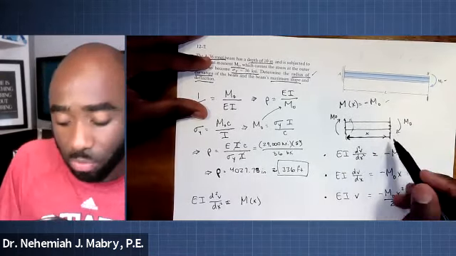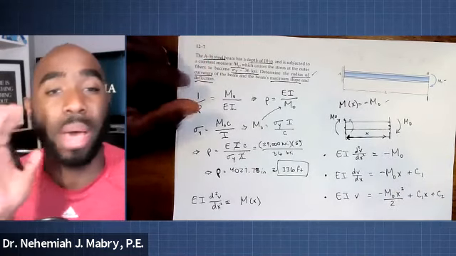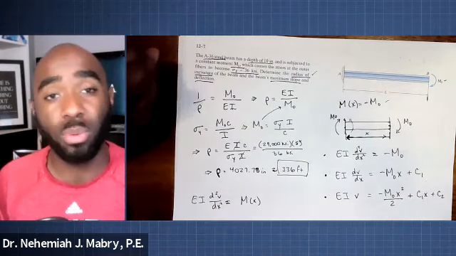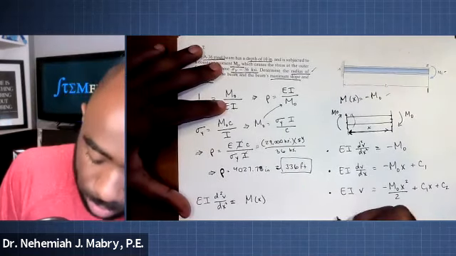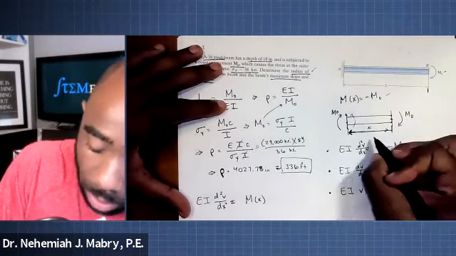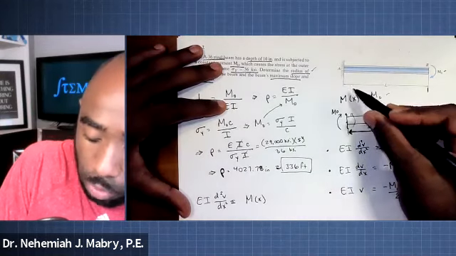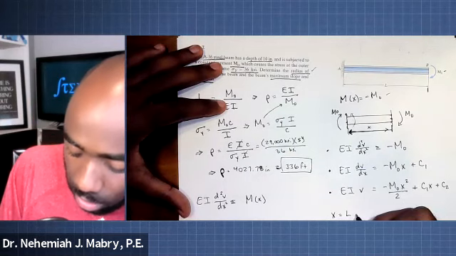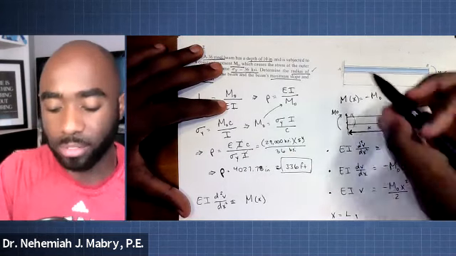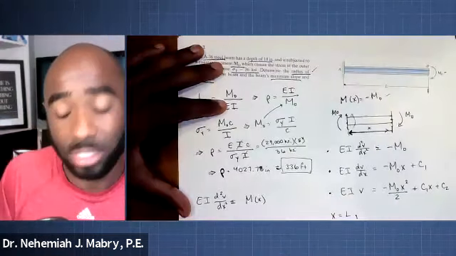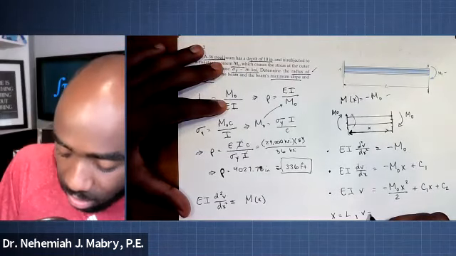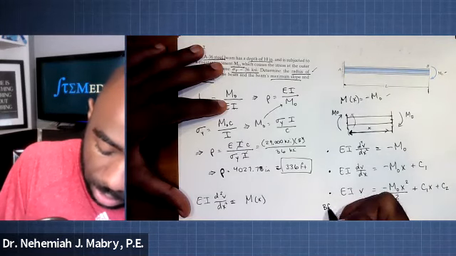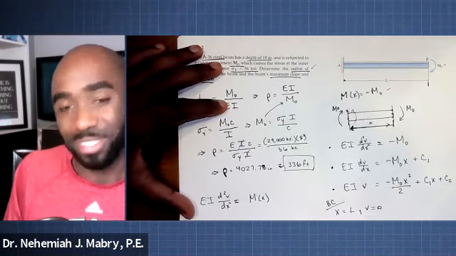So if x is going from right to left, what are some of the boundary conditions that we can establish in our process of solving for C1 and C2? Here's one: when x is equal to the full length L, the deflection is 0, because that's the fixed end. That's one boundary condition, and I'll put BC here for boundary conditions.